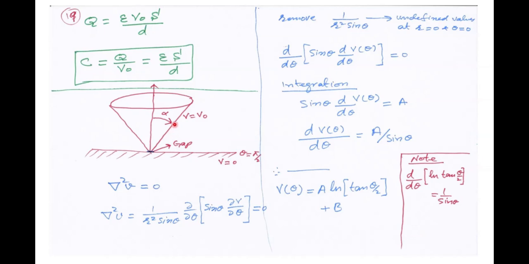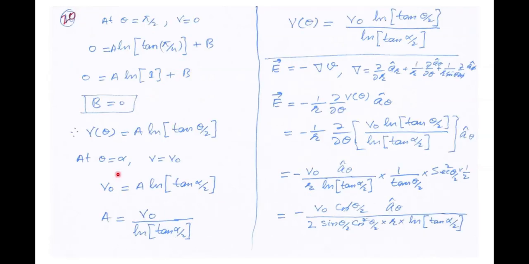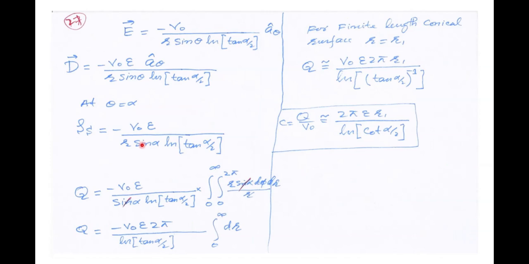According to the normal boundary condition at the conducting surface, the D field is discontinuous by surface charge density. So using that boundary condition, we obtain rho is equal to minus V naught epsilon over r sine alpha ln tangent alpha by 2.